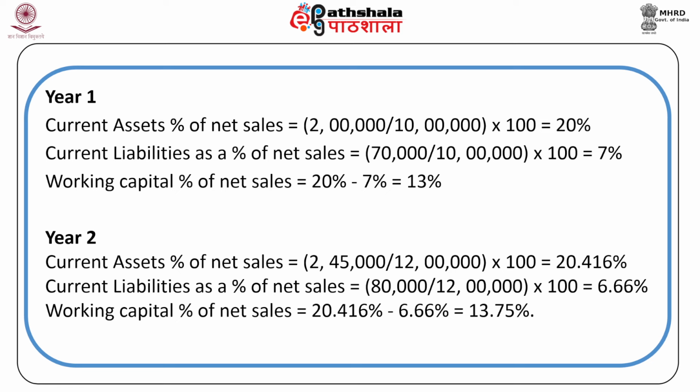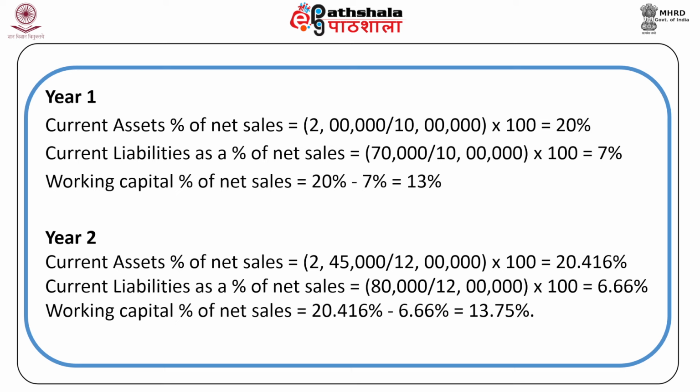In year 2, you will observe current assets as a percentage of net sales is equal to 2,45,000 divided by 12 lakhs into 100, which is equal to 20.416%. Current liabilities as a percentage of net sales is equal to 80,000 divided by 12 lakhs into 100, which is equal to 6.66%.